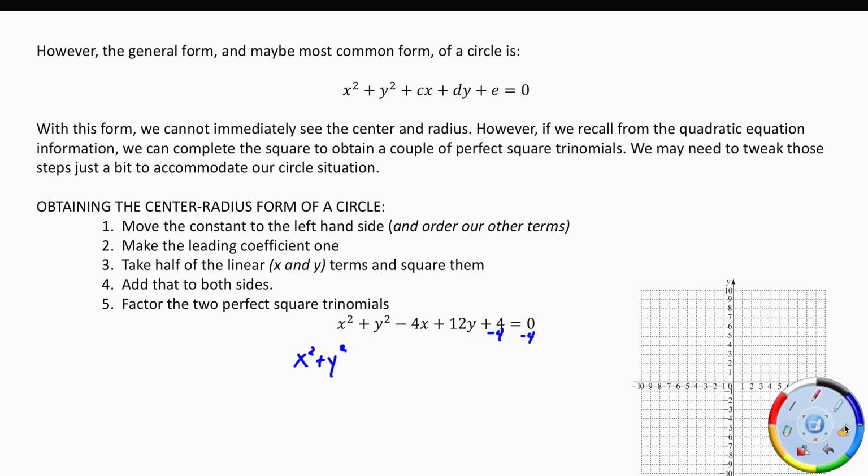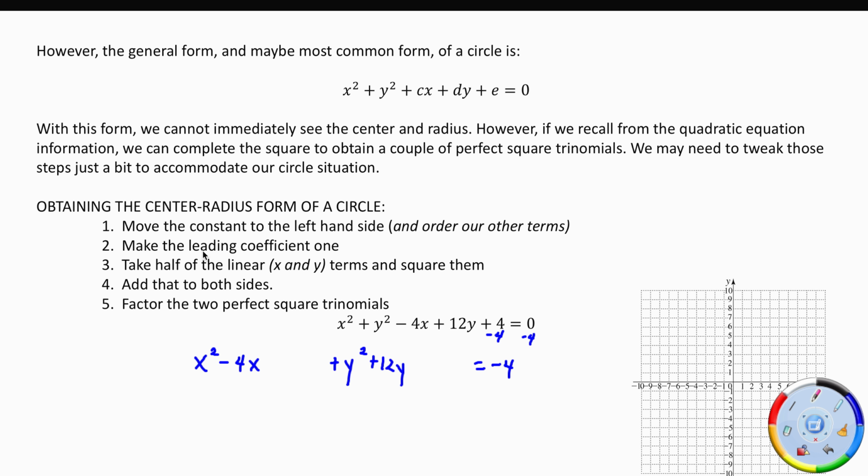As I rewrite it, I'm going to group my x terms and my y terms. I'm going to leave a space here because I know I'm about to add a value, and I'm going to leave a space here as well.